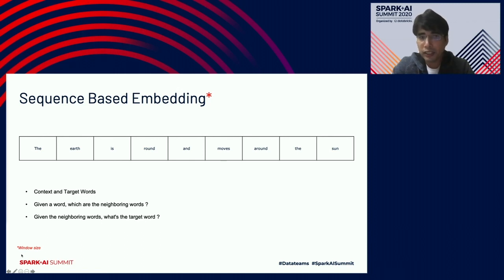The earth is appearing in the context of the and is. Similarly, if earth is the context word, the target can become the and is, right? So we can use it both ways. So how do we learn the embeddings? We try to find out, given a word, can we predict which are the neighboring words in the context? And given the neighboring words, can we predict what's the target word? Okay.